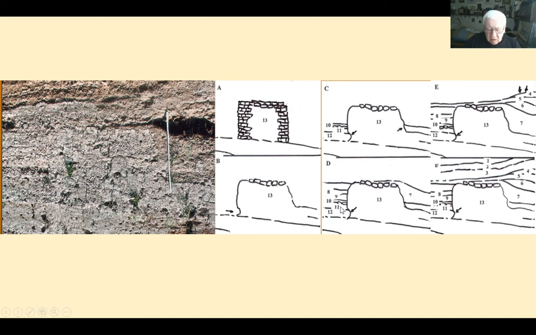Next stage, the surrounding sediments are growing, and these walls start to be covered with secondary sediments. Next stage, stage E, the wall is completely covered by secondary sediments, and now it's the present sedimentation, the present picture of sedimentation.